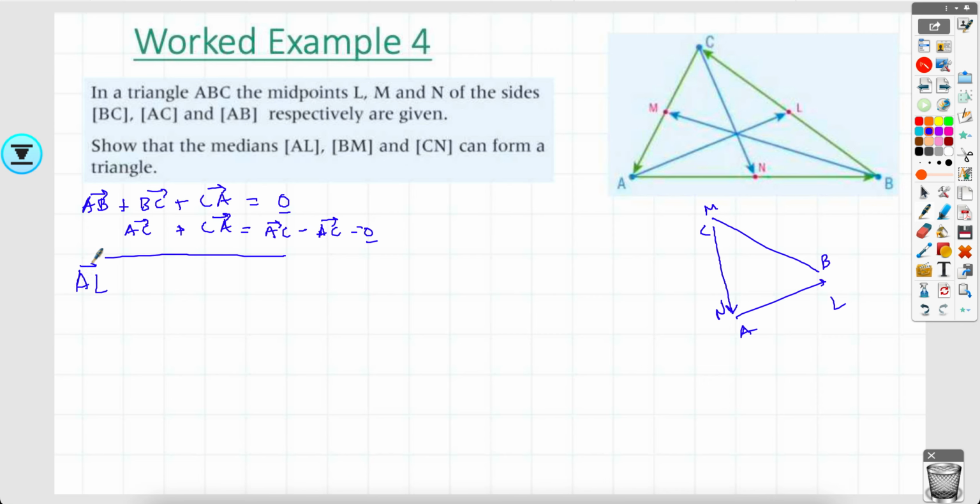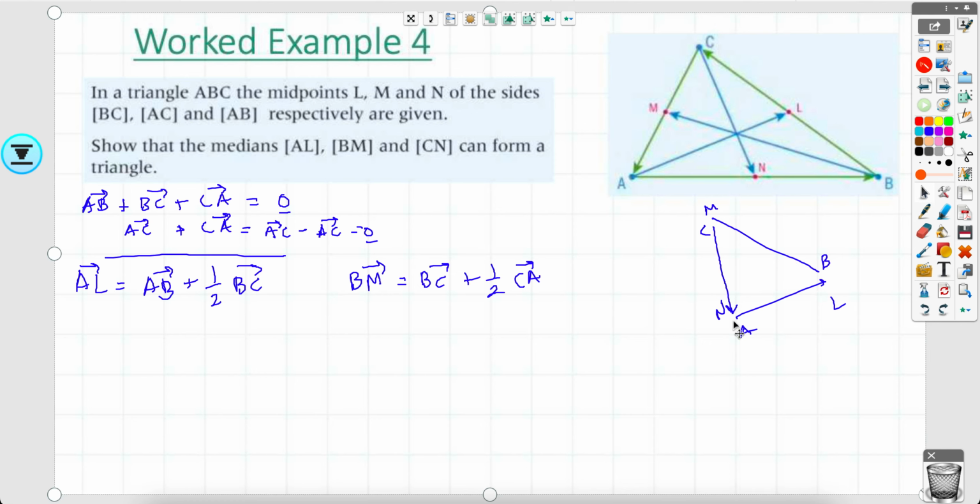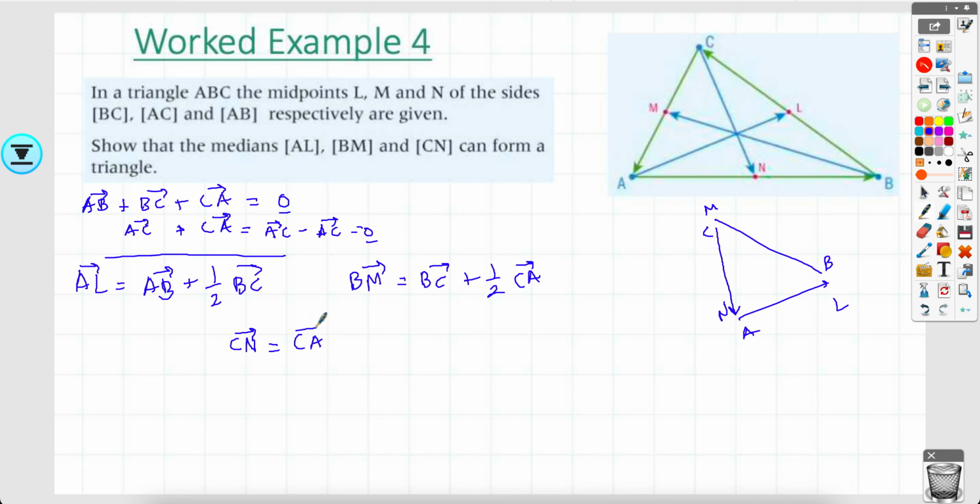So AL is basically A to B plus half of B to C, and BM is B to C plus half of C to A. Careful, make sure you use the correct notation. And then you have the last one, C to N, which is C to A plus half of A to B.